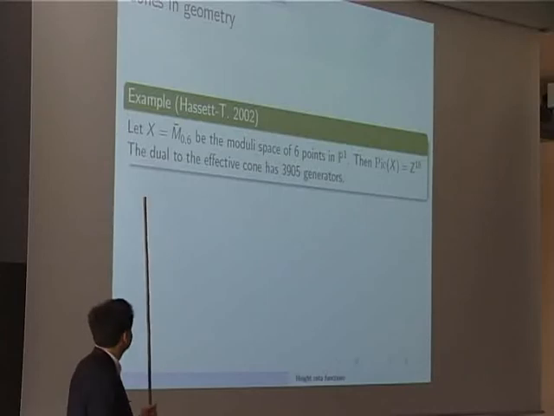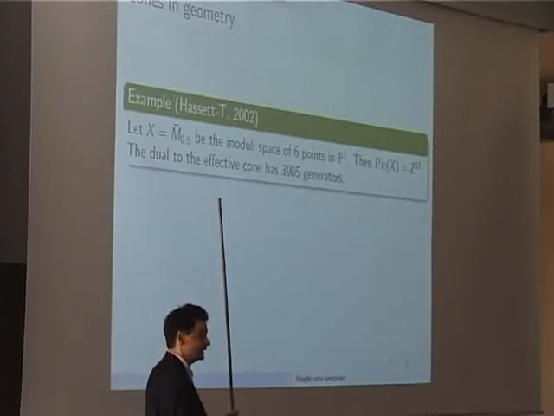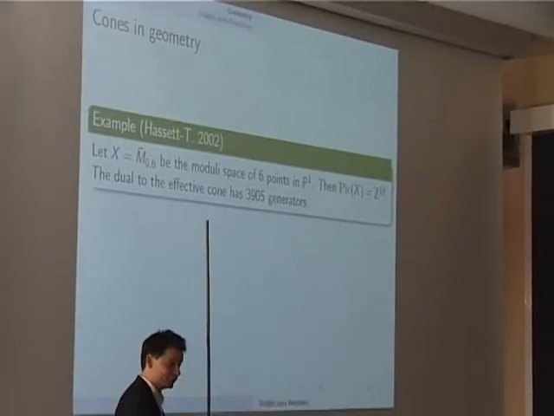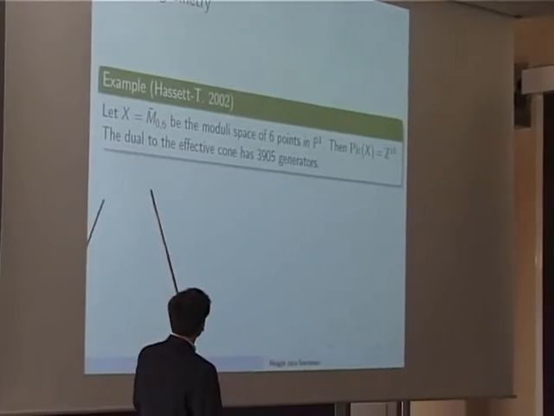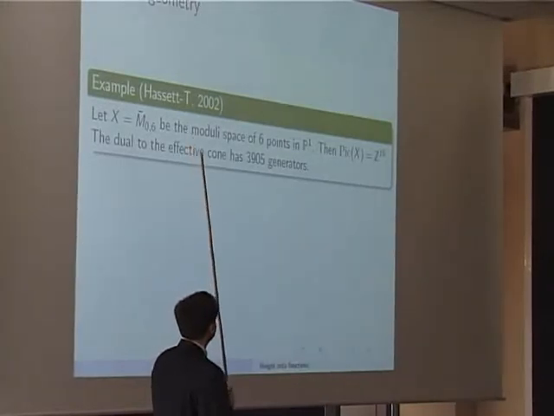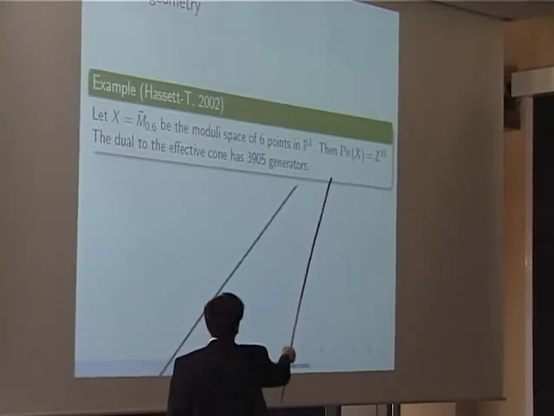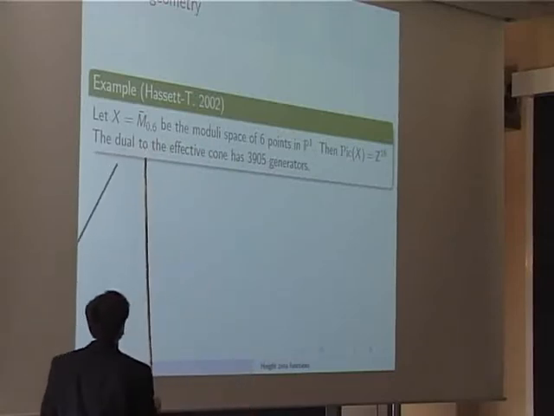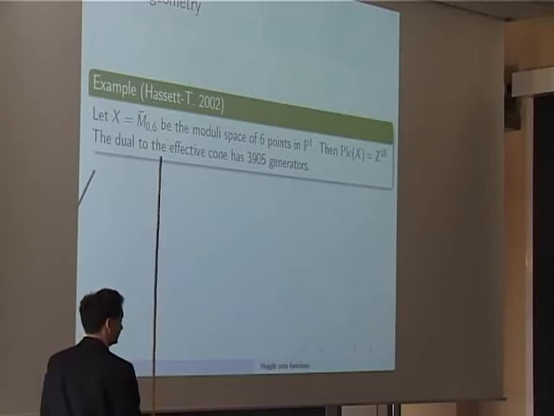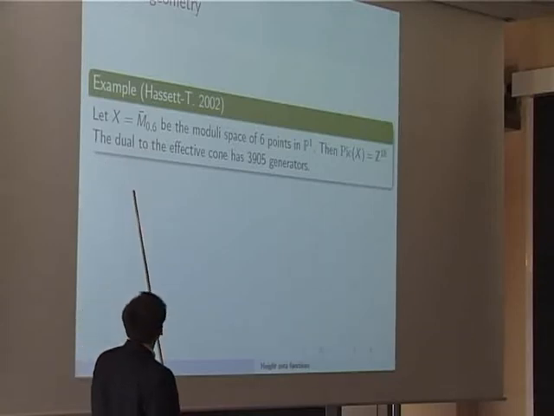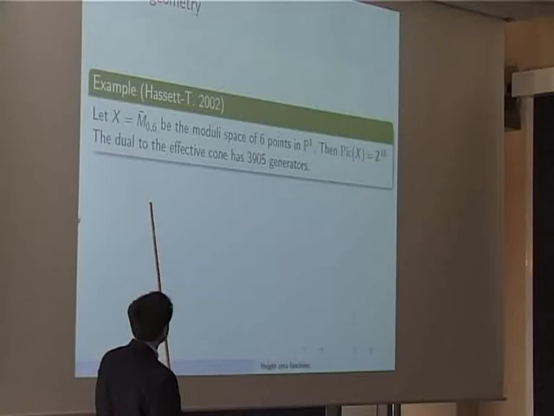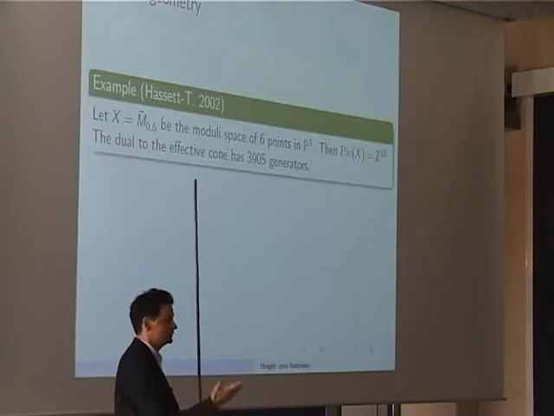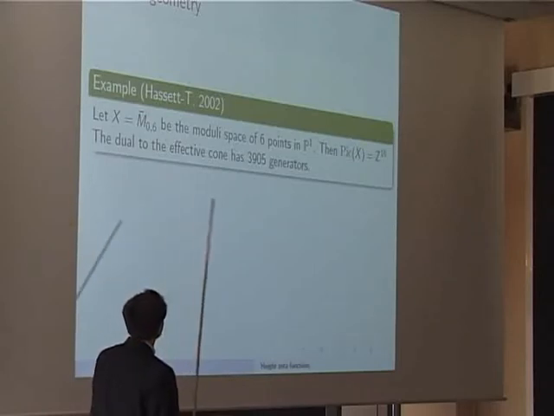Computing these cones explicitly is actually quite a headache. For surfaces, that's one of your exercises for cubic surfaces. For three-folds, especially three-folds with large rank of the Picard group, there is one variety well studied in other contexts: the moduli space of 6 points on P^1. If you compute, the rank of the Picard group is 16, so you have a 16-dimensional space, and in it you have a cone.